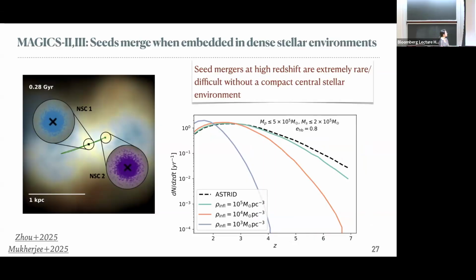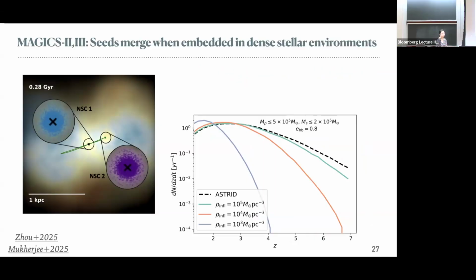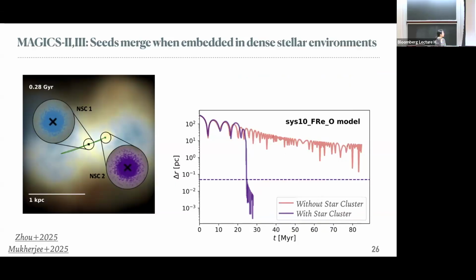That drop seemed far too rapid. Is it? Sorry, this one? Yeah, this is basically where you enter the binary hardness. This is typical: if you have two black holes interacting with dynamical friction, you will almost always see a very rapid drop, the hardening of the binary is very fast.